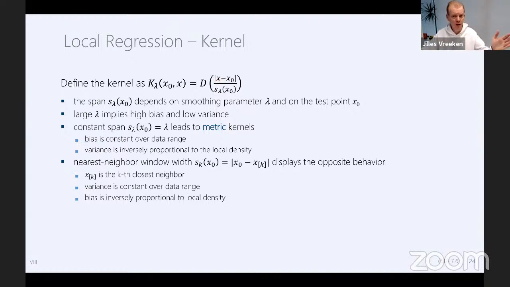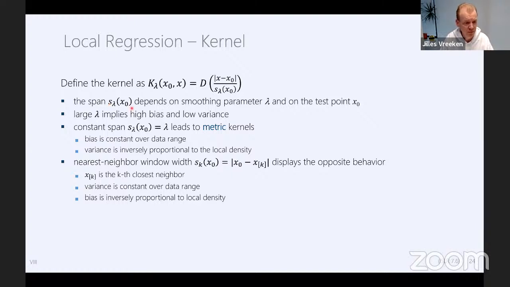So the further away the point is, the less influence we want. We have then the span. This is essentially around the test point, because it's not determined on the data point, but really on the test point. It's 0 centered, so the span as smoothing is already basically woven into that.